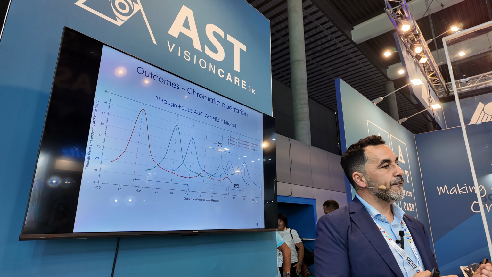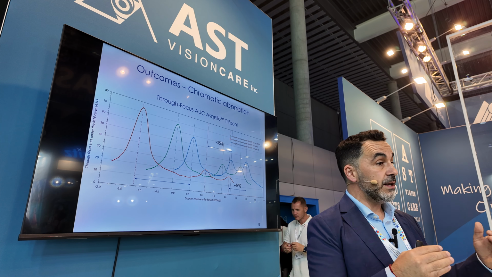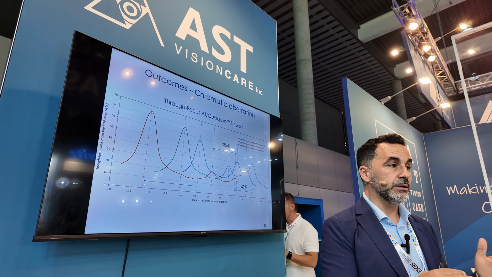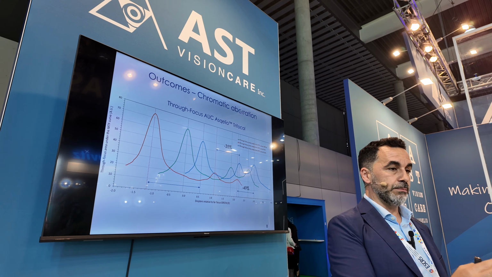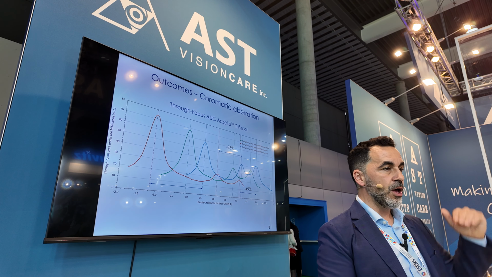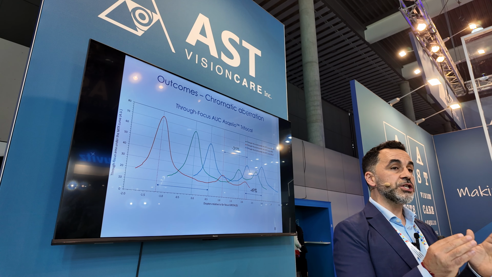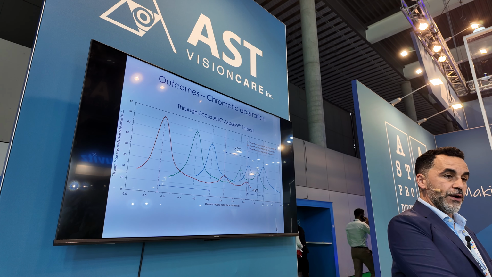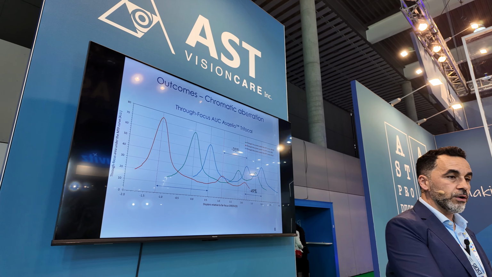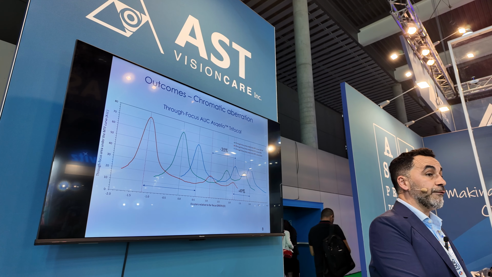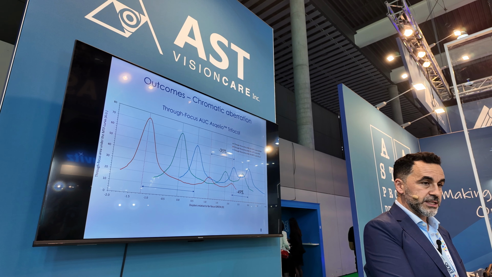So that means that from an already low chromatic aberration baseline, because of the high Abbe number of the Asqelio material, the chromatic aberration is decreased by the diffractive pattern in the trifocal lens to actually half of that value for near distance.